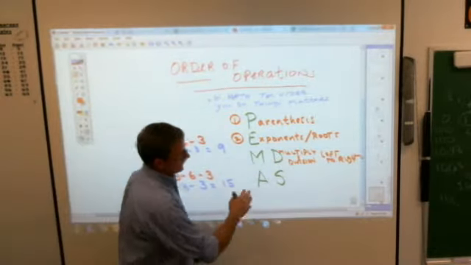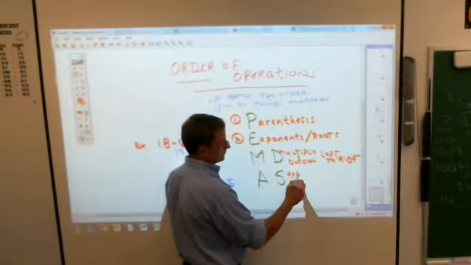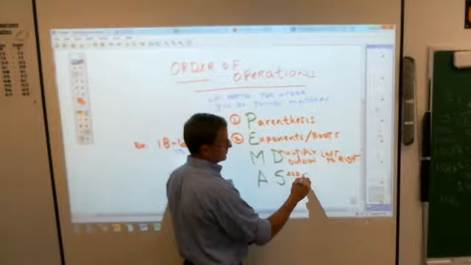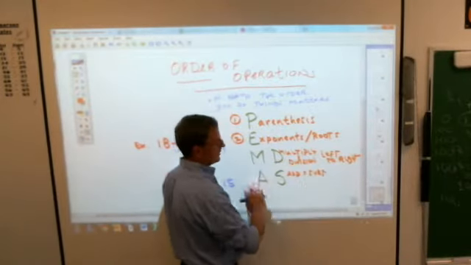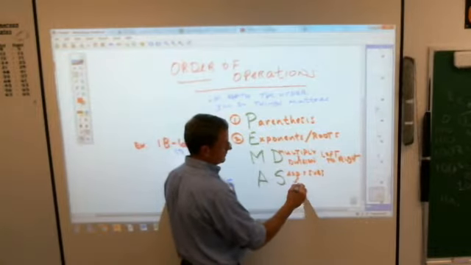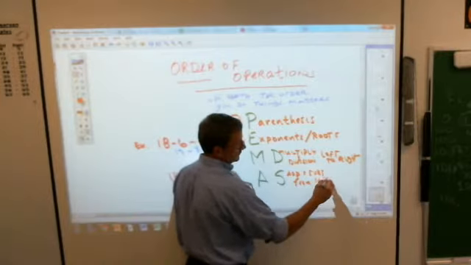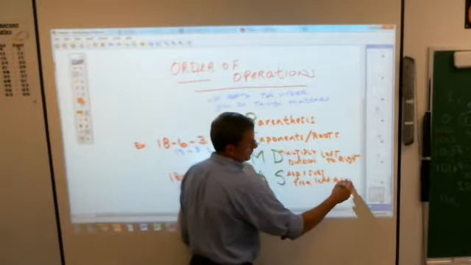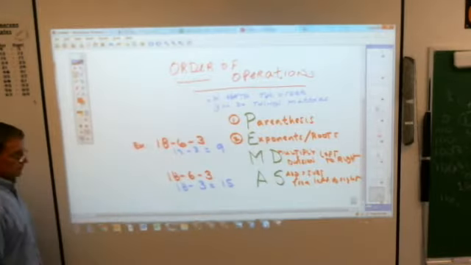And then A and S are addition and subtraction. The same thing is true with that. Addition and subtraction fall on the same level. You just work it like you read it, from left to right.